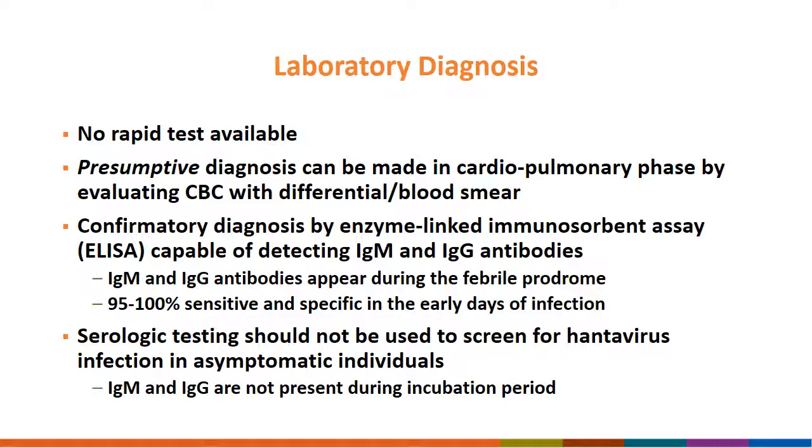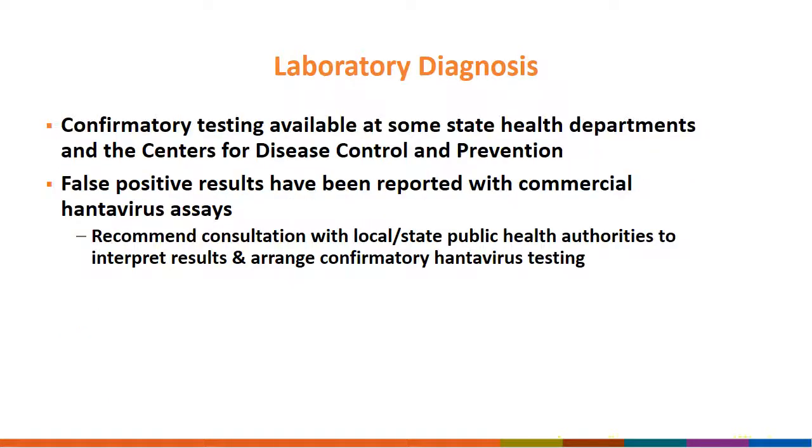These appear during the febrile prodrome and are 95 to 100% sensitive and specific for early hantavirus infection. Serological testing should not be used to screen for hantavirus infection in asymptomatic individuals because antibodies are not present during the incubation period. Confirmatory testing for hantavirus is available at some state health departments and at the CDC.